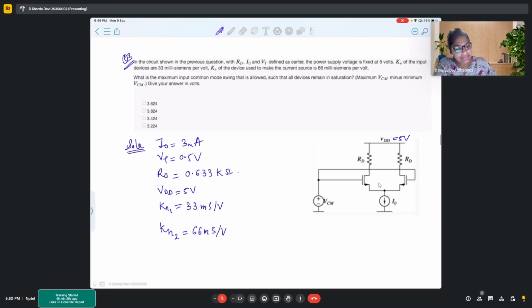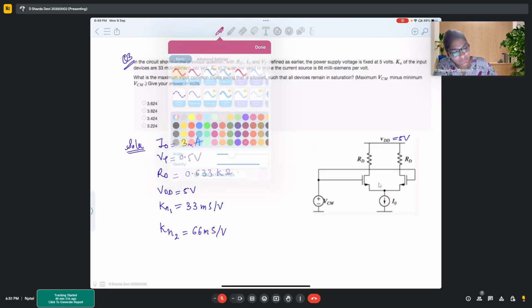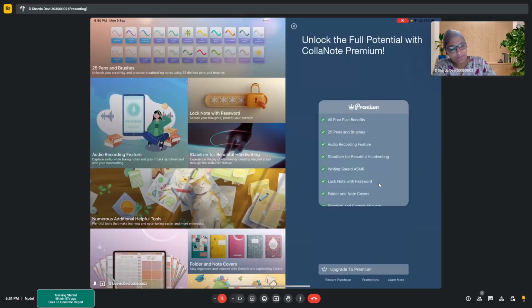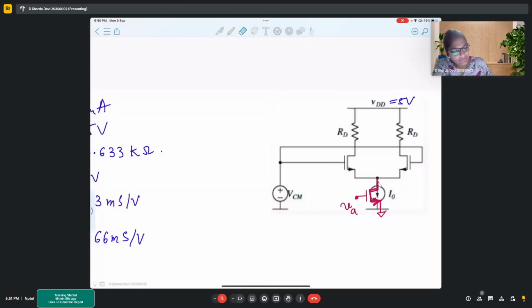So instead of I naught, what is actually present over here is a MOSFET. Let's say it is an N-type MOSFET. It will be biased with some voltage, VA, whatever it is. We can easily find this VA considering that we know the current, right? So this is the idea: there is a transistor which provides us this current source behavior.